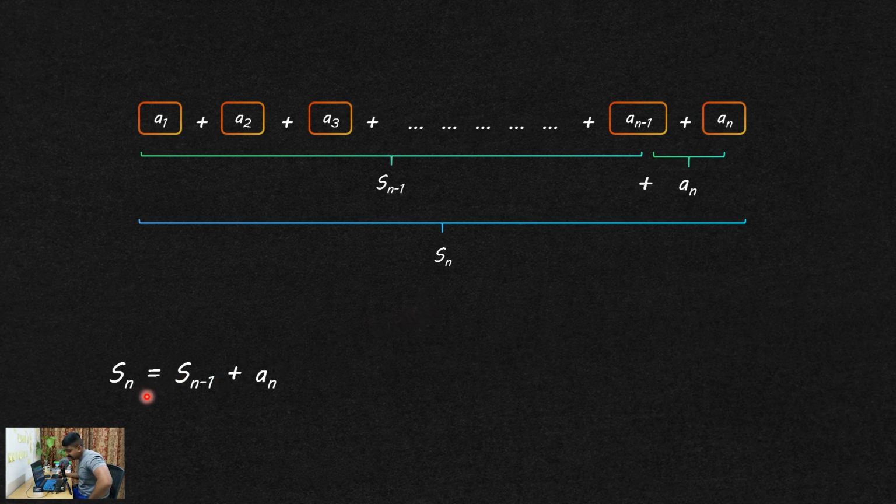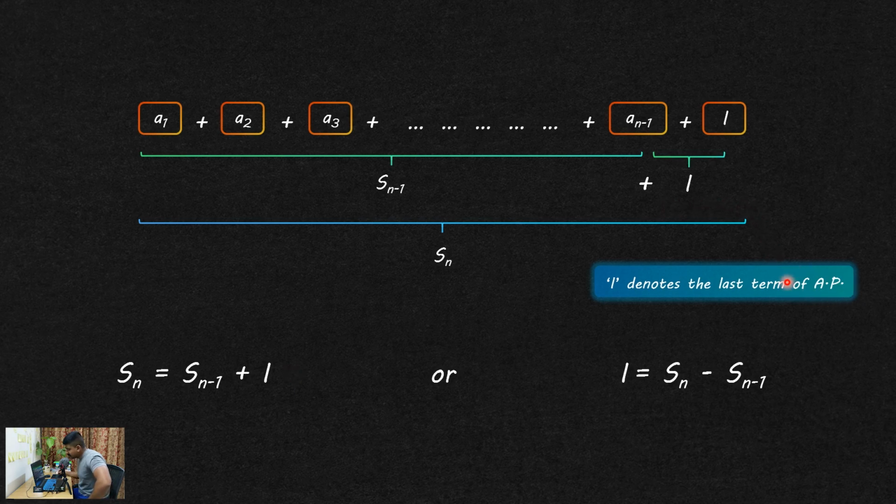So according to this, Sn equals Sn minus 1 plus an. That is, the sum of first n terms is equal to the sum of first n minus 1 terms plus the nth term, or an equals Sn minus Sn minus 1.